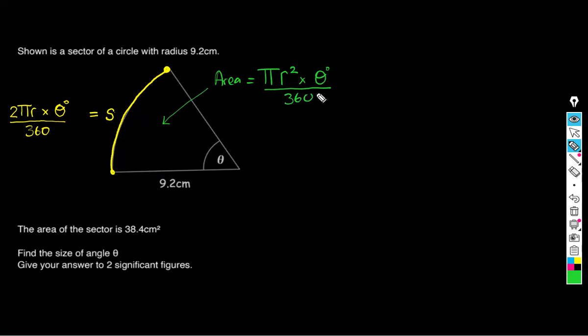So for those who are mixing it up, it's the green formula you need to use because they gave you the area of the sector. So what you do, you replace the area with whatever they give you and replace the radius with whatever they give you. And you're trying to find the angle. So you can cross multiply or whatever. The point is you have to solve for theta.